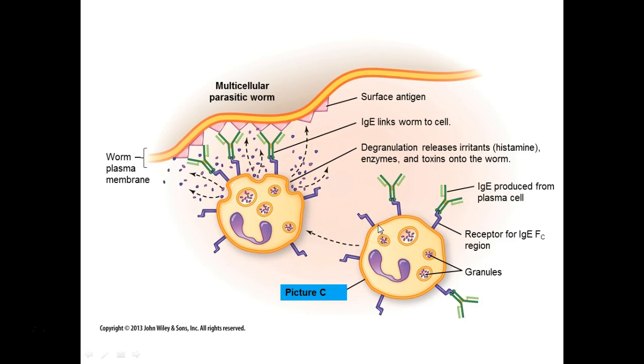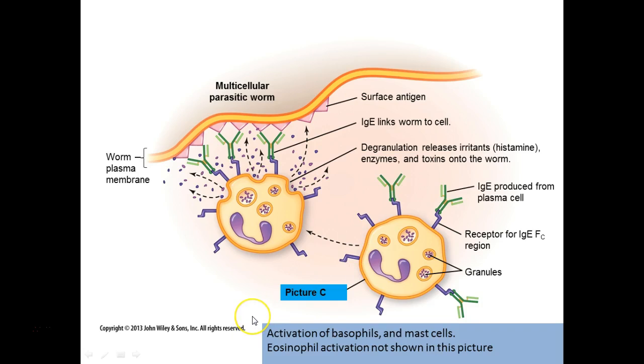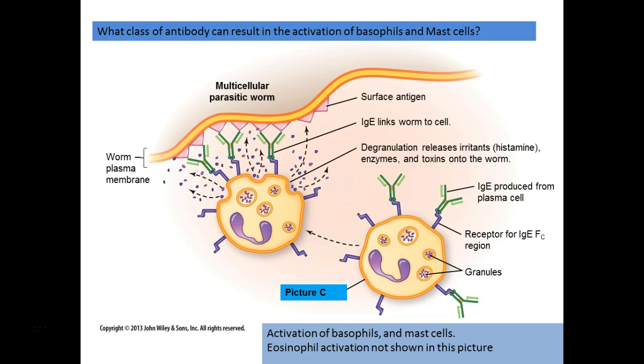So what this picture is showing you is activation of basophils and mast cells. What they're not showing you that would have a similar reaction is eosinophil activation. So what class did we say activates basophils and mast cells? The one shown here, right? IgE.